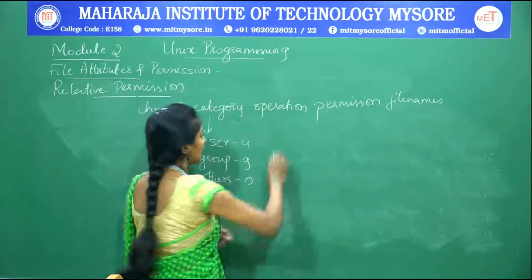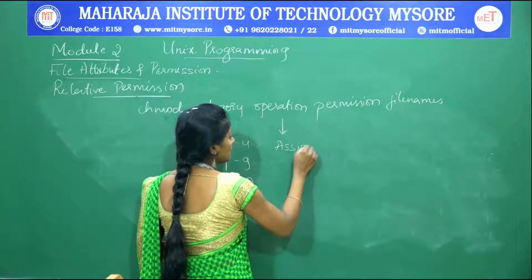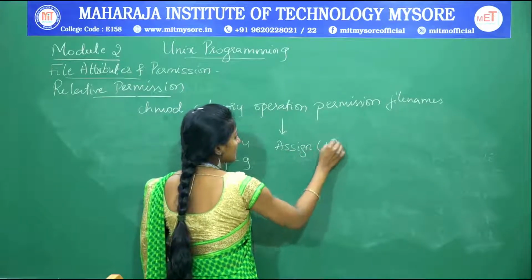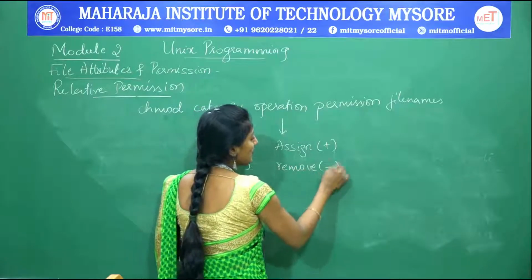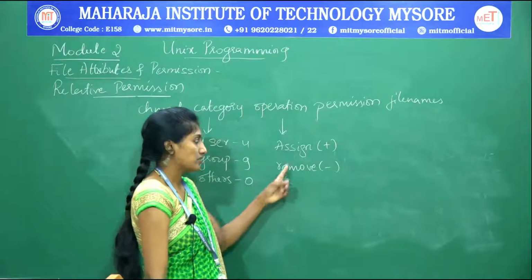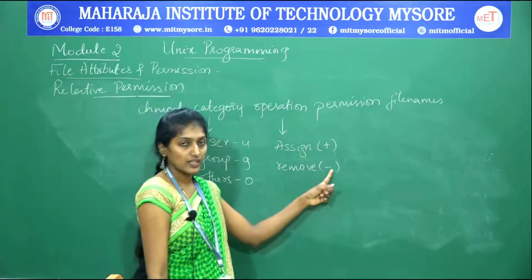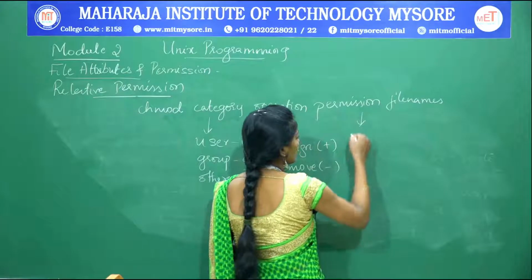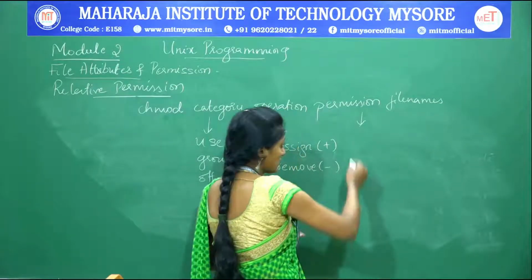Then what does operation represent? Operation represents assign permission, which is represented with the plus symbol, and remove permission, which is represented with the minus symbol or hyphen symbol. Next, permission refers to the 3 bits of permission, that is read, write and execute.